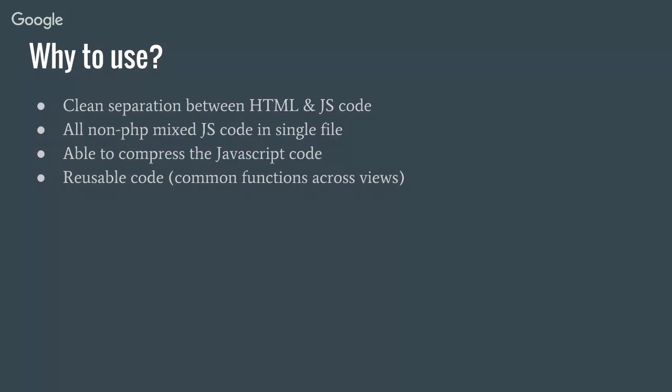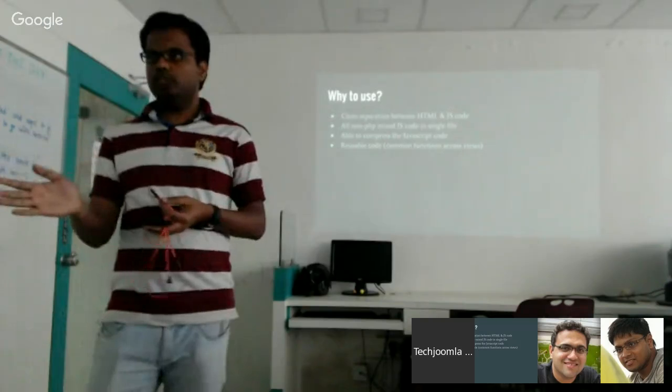So many times it happens that you want to use the same JavaScript functions on two different views, but since you don't have a common JavaScript file between those two views, you try to duplicate the code inside two different views. So the main advantage was the clean separation between your HTML code and your JavaScript code.